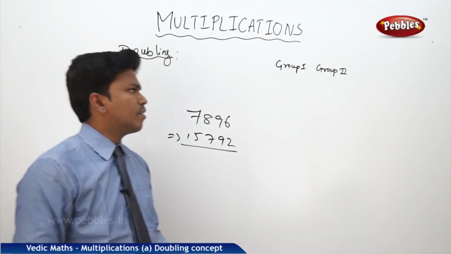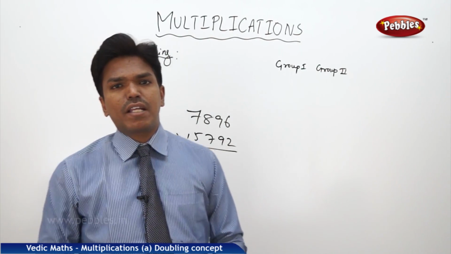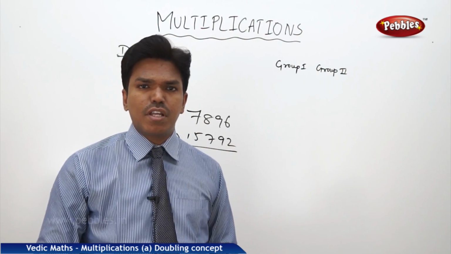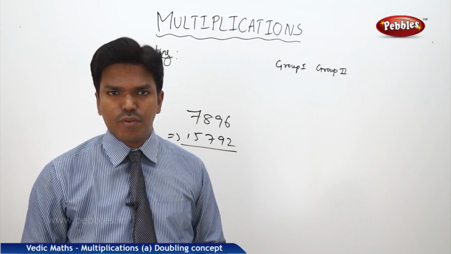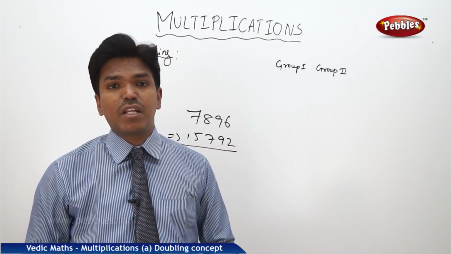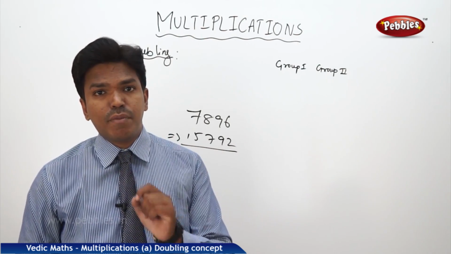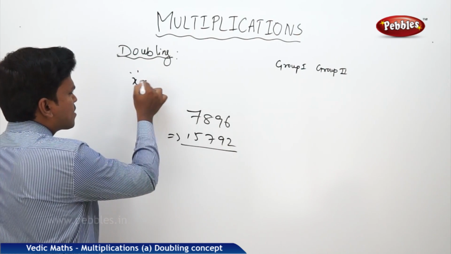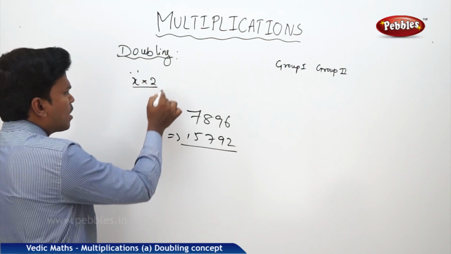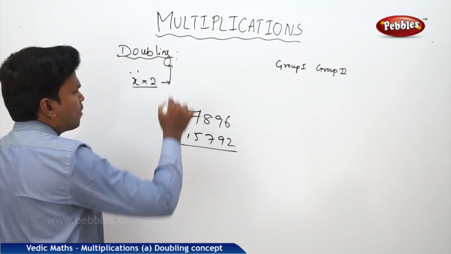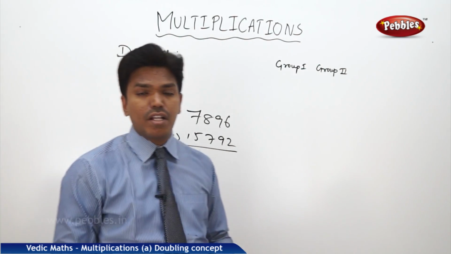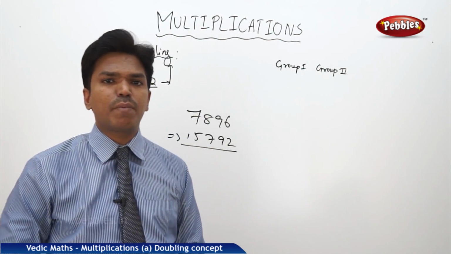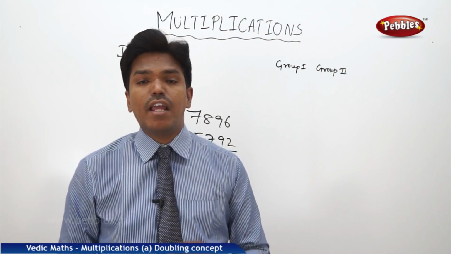There is a method. Here also doubling is nothing but adding a number to the same number. At the same time, another meaning of doubling is multiplying a number, any number, say x, by 2. Here also we are going to multiply a number by 2 only, but in a different way.